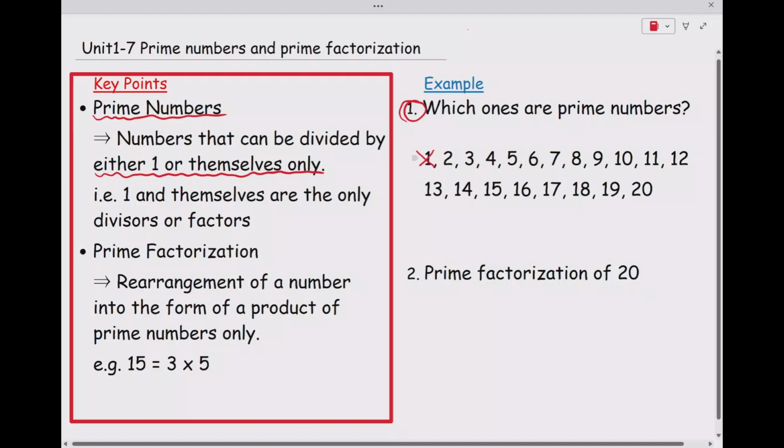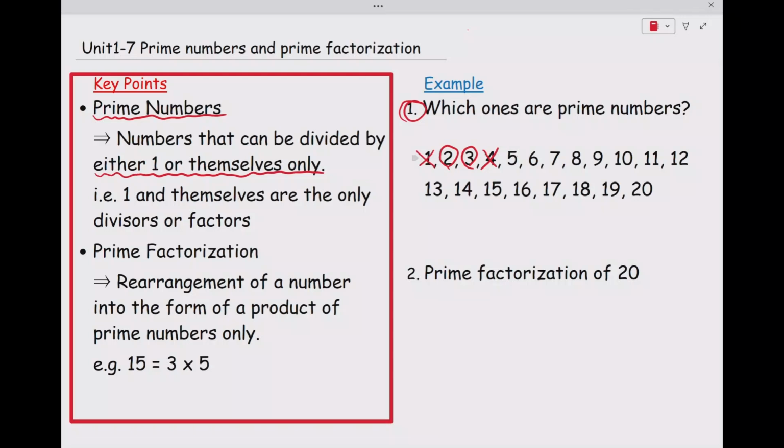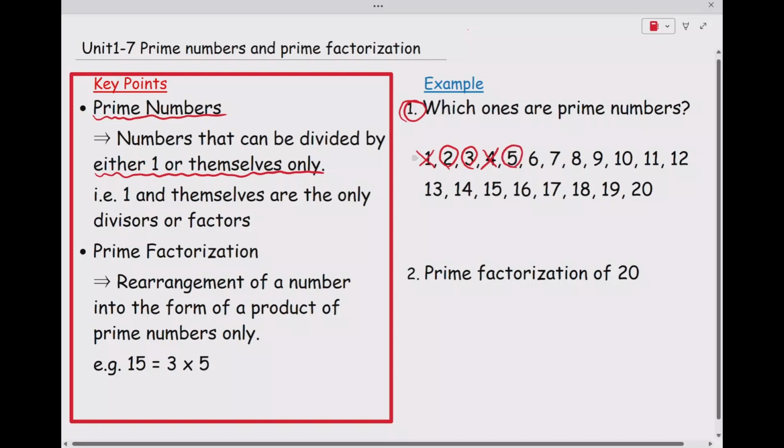Next, 2 is a prime number, and 3 is also a prime number. 4 is not a prime number because it is also divisible by 2 other than 1 and itself, so it has more than two divisors. 5 is a prime number, and 6 is not a prime number because it is also divisible by 2 other than 1 and itself.